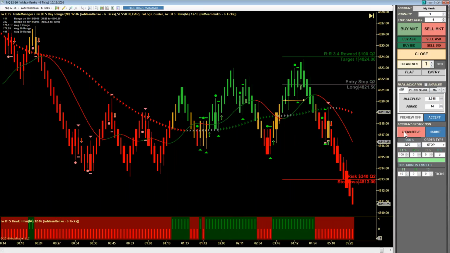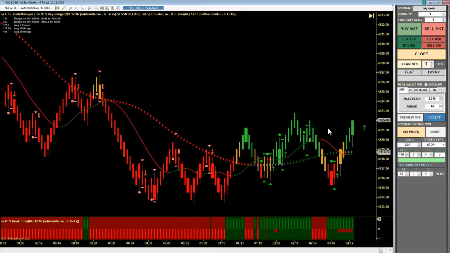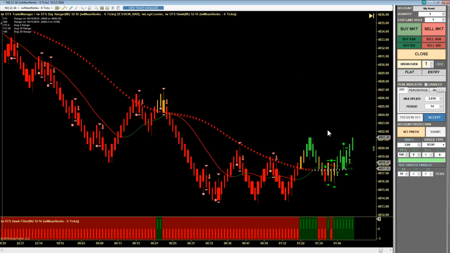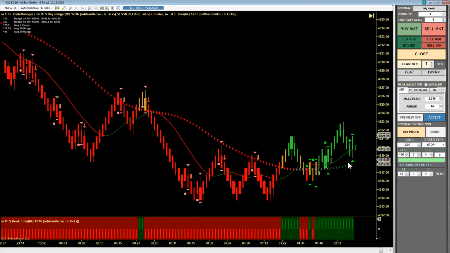If you have something like a first micro macro cross signal fail, there it is right there. You might be wondering why I didn't choose this one. The macro line is not in sync yet. The macro line, bar colors, filter, everything is in sync on this one.